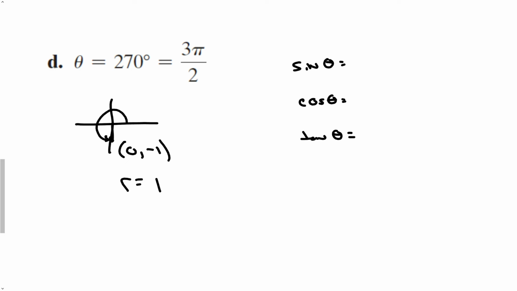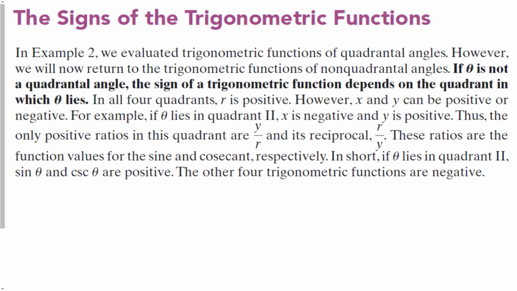Sine becomes -1, cosine is 0, tangent is, again, y divided by x, -1 divided by 0, which is undefined. So we can evaluate the trig functions of all the quadrantal angles. We can evaluate the trig functions if we know a specific coordinate, an x and a y coordinate.